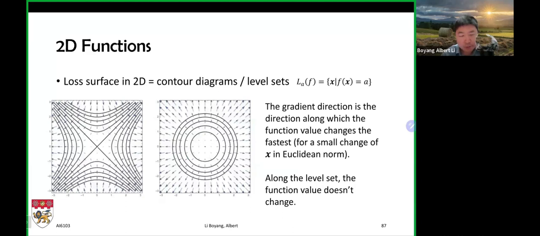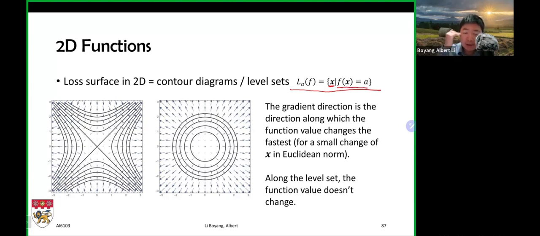Okay, so how do we read these contour diagrams? I think it's important to say a couple words about how to read these things and consider where the gradient directions are. So these are known as contour diagrams, also known as level sets. The level set is the idea that I'm going to take all the function inputs x whose function value is equal to a particular number a, right?